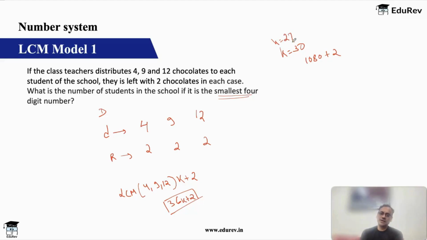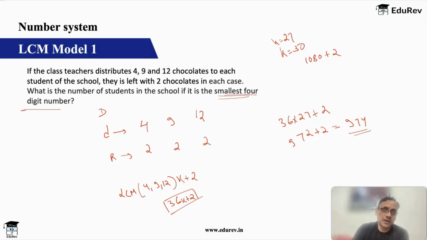If I take k as 27, I get 36 into 27 plus 2, which is 972 plus 2, 974. 974 is the largest 3-digit number, but the question was for the smallest 4-digit number.